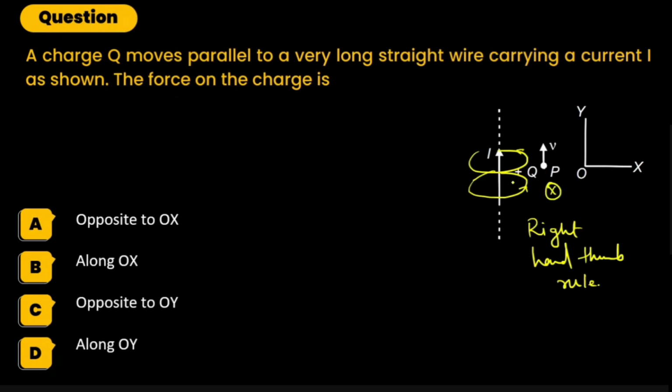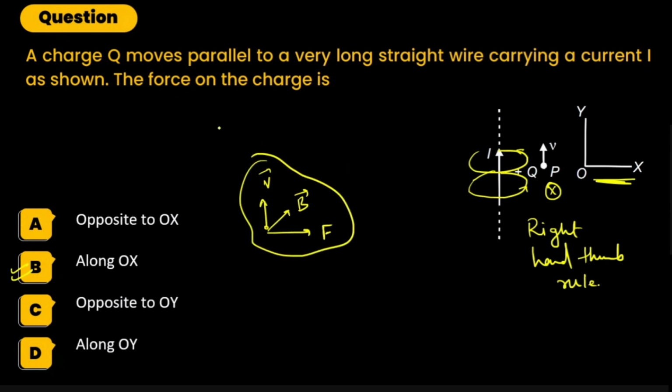So we got the direction of magnetic field, which is into the plane. We got the direction of velocity like that. So the direction of force is given by this, and we can write that the force must be in this direction, that is along OX. That is something we got from Fleming's left hand rule.